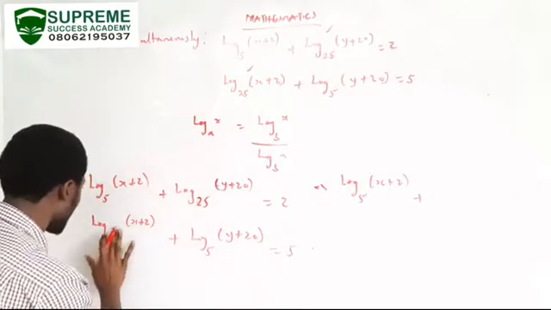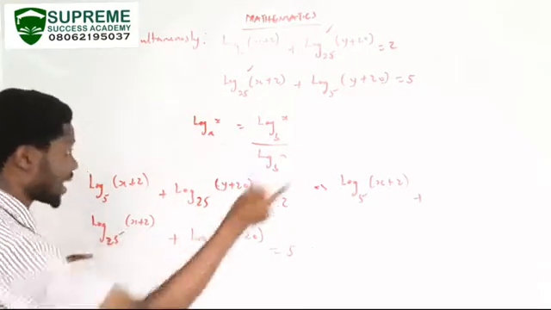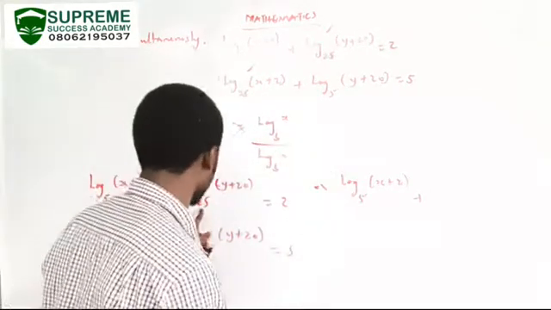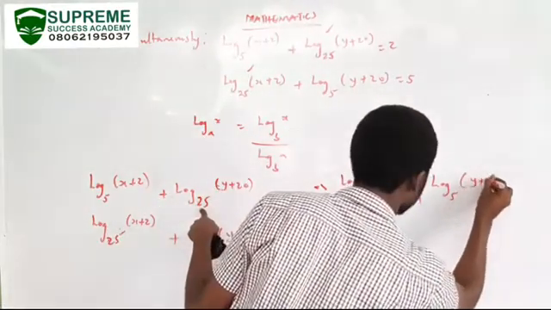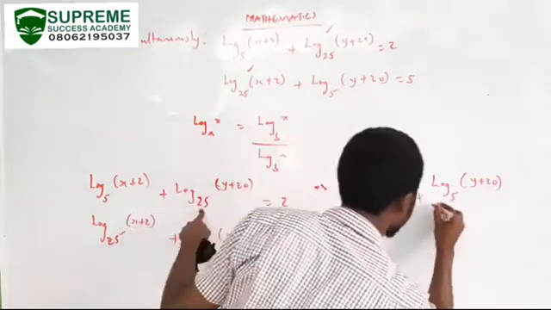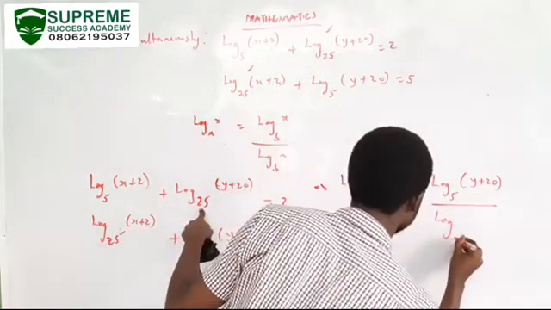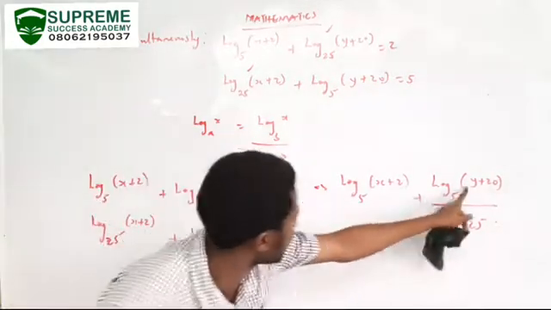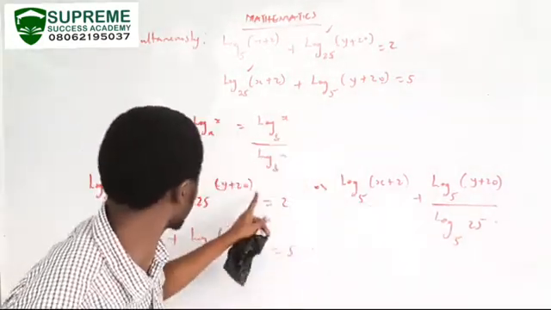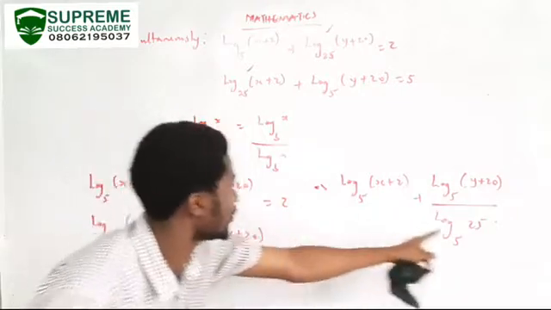We have 25 here. I wanted to apply the other one, it's not allowed. Look at this, what do we introduce? Log 5 raised to the power of y plus 20, divided by log 5 raised to the power 25. The base will be 5. This x becomes this power, then this becomes this.